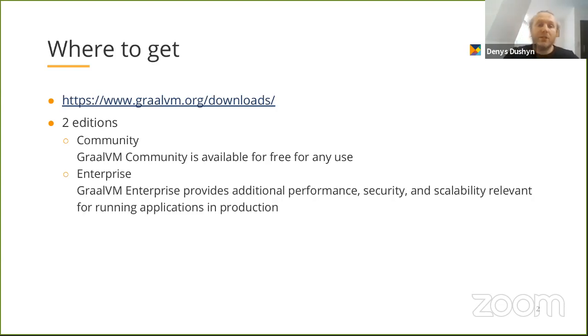The second edition that you can find on the official site is the enterprise edition. It is free for evaluation purposes, but if you want to use it in production, you have to buy a license, and this enterprise edition provides some additional performance, security, and scalability features for applications that you can run in production.